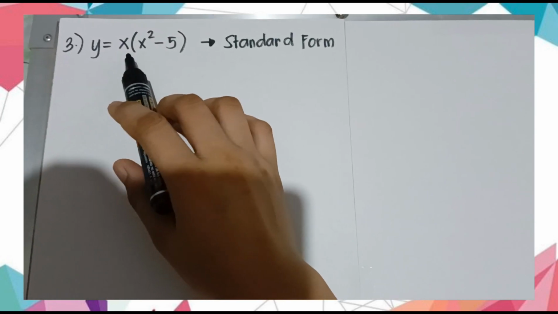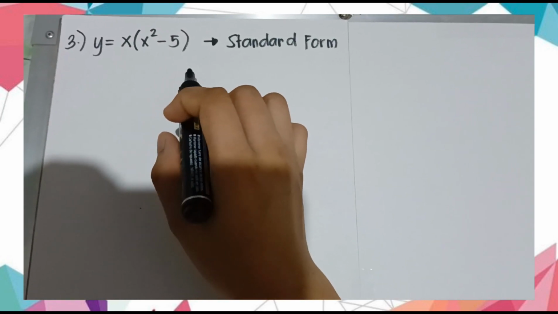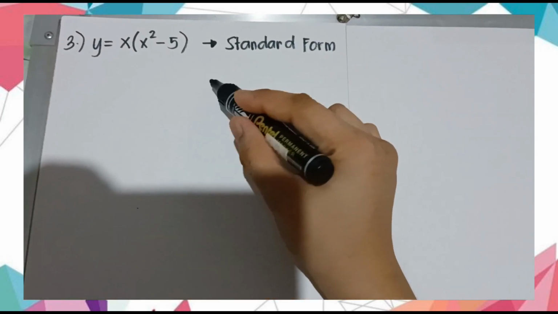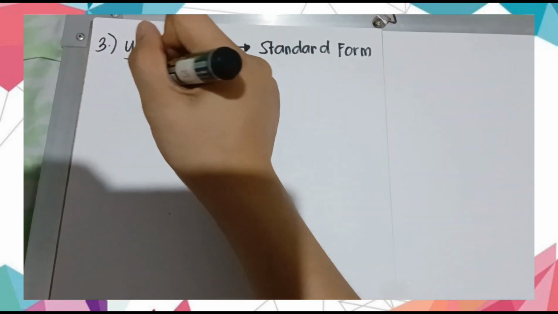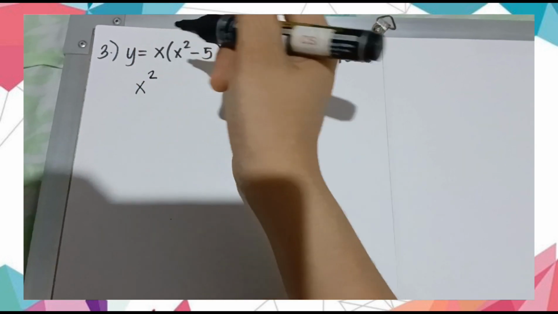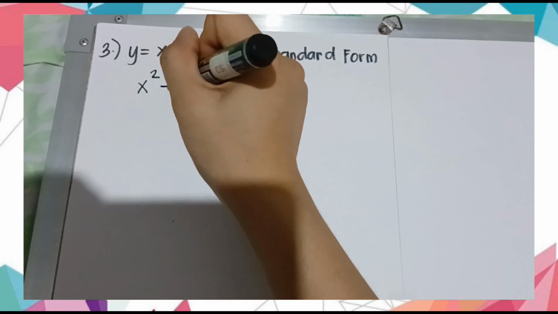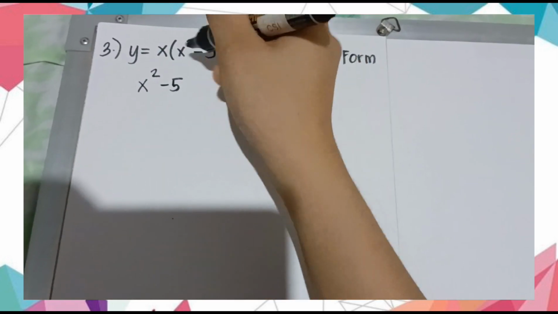This is how we solve the standard form of example number 3. y is equal to x times the quantity x squared minus 5. So we multiply x squared minus 5 times x.